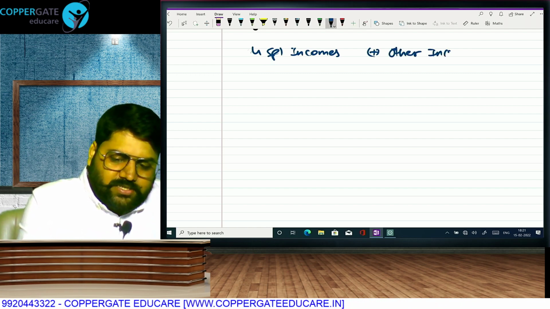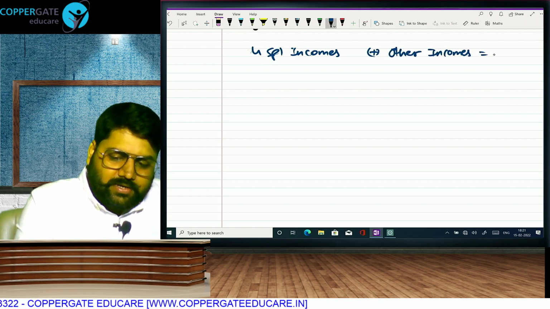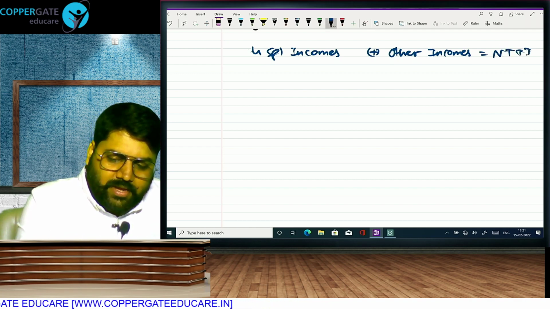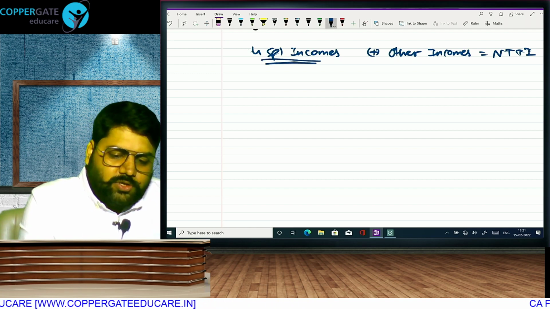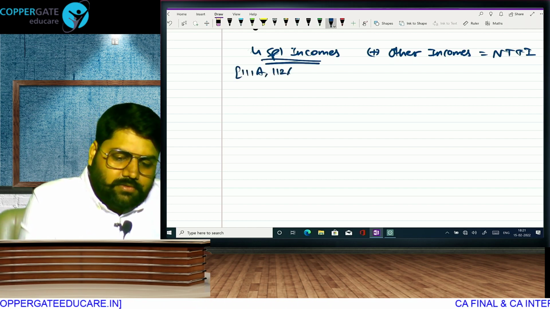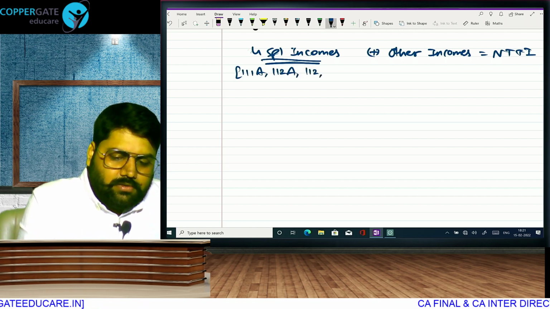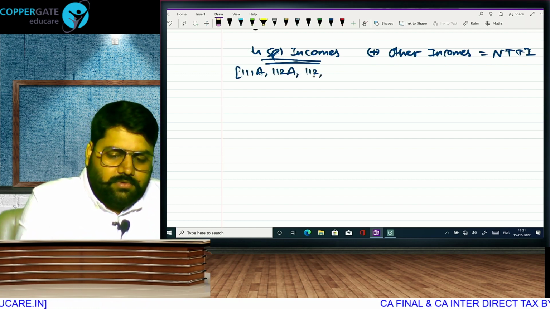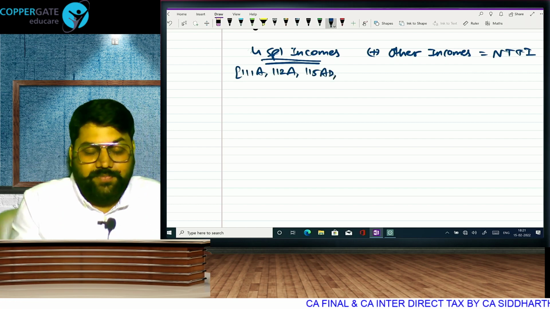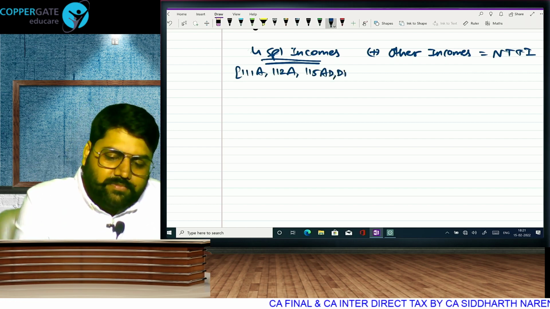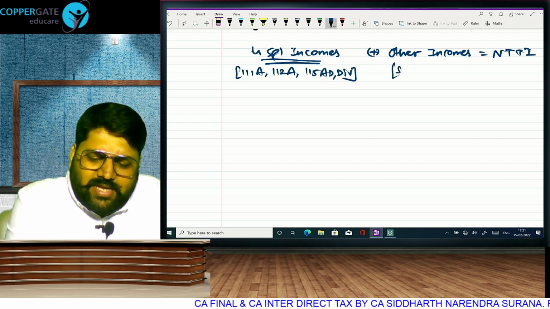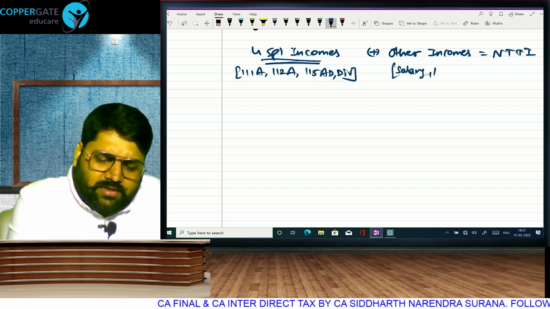If you take 4 special incomes and you add other incomes, you will get your total income, or let me call it net taxable total income, NTTI. 4 special incomes covers 111A, 112A, 112 is an amendment this year, so it will be applicable next year from May 23, and dividend income. 4 incomes. Okay, and other income can be anything, salary, house property, etc., anything, PGBP.